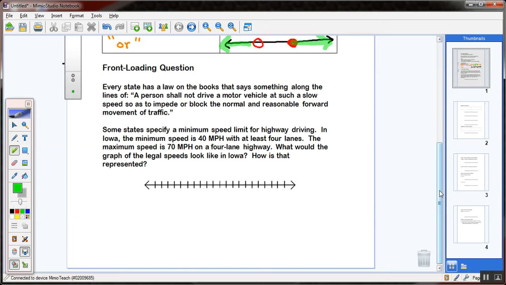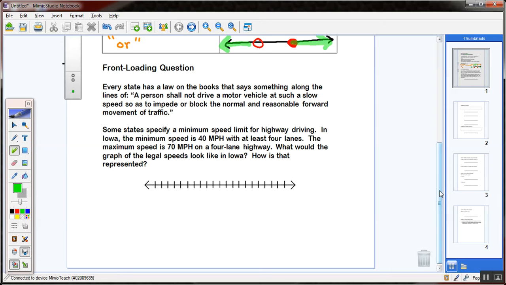I'll give you guys about 30 more seconds here. Okay, I'm going to go ahead and read this quickly, and I'll get your thoughts on this.